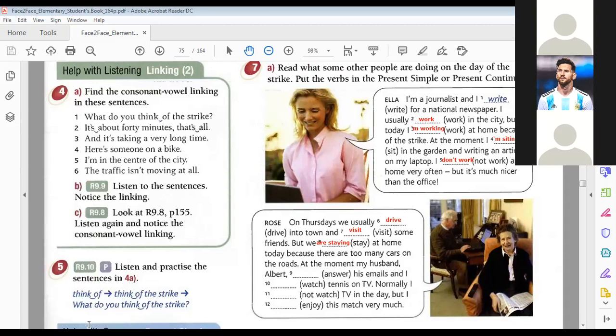Okay, Abdurrahman, you can continue. At the moment, my husband Albert is answering his email, and I am watching tennis on TV. Normally, I don't watch TV in the day, but I enjoy this match very much.